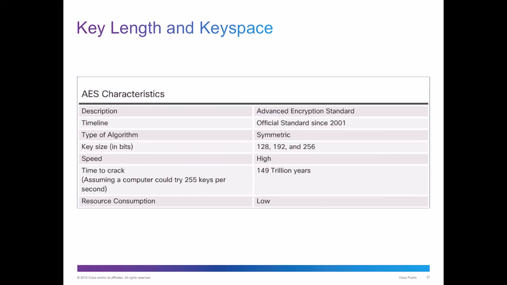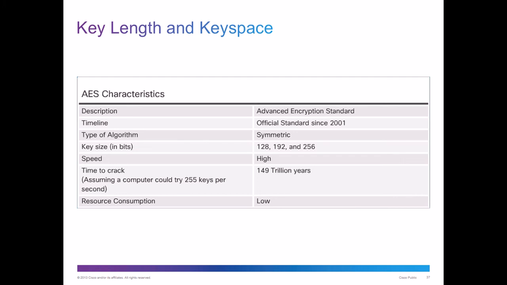All right, key length and key space. When it comes to keys, the longer the key, the more time it's going to take to crack it. Look at this, for example. The Advanced Encryption Standard takes 149 trillion years to crack. That's a very, very long time, so it's pretty safe.